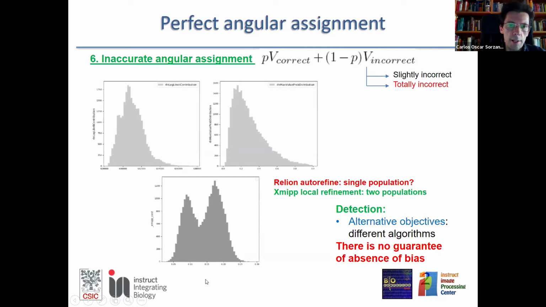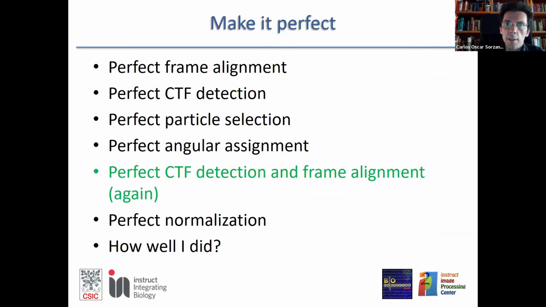And now you can start thinking these are badly assigned images, or they are images with a different conformation, or you might start to see what is the reason behind these two populations. But unless you have two algorithms, you can never realize that these things exist.